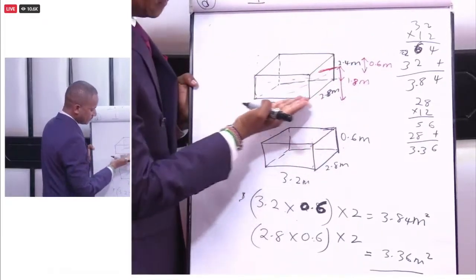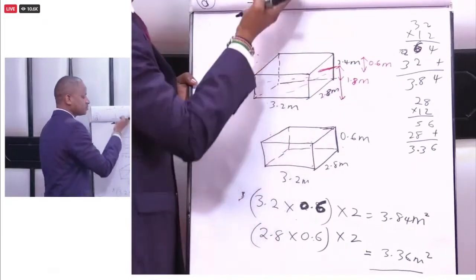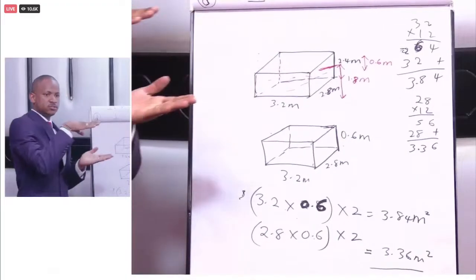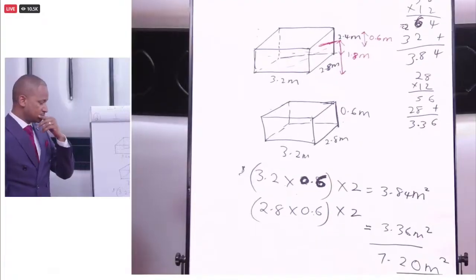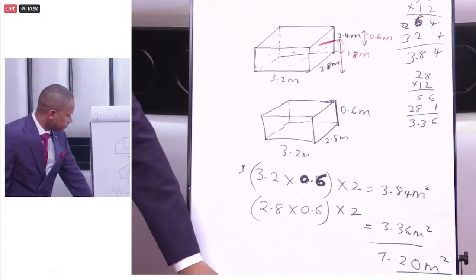Then the base, 3.2 times 2.8 times 2, if it is closed. So this question can be set in those 3 different ways. Very good.